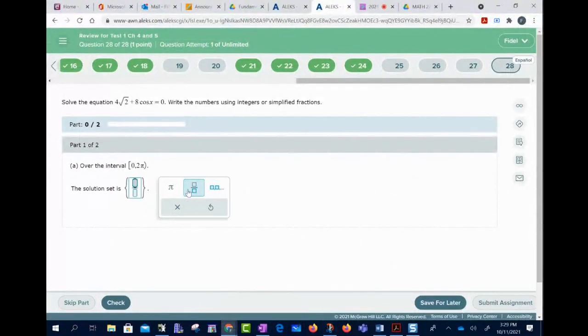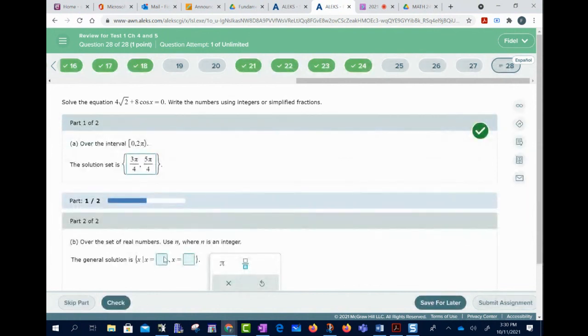So 3 pi over 4 and 5 pi over 4? Check it. And we got it.